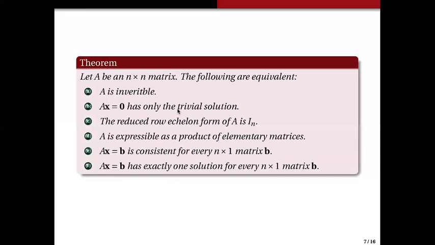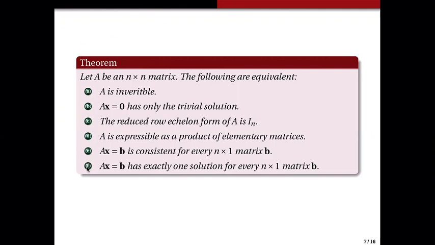The question is, if AX equals B has exactly 1 solution, how do we show that A is invertible?